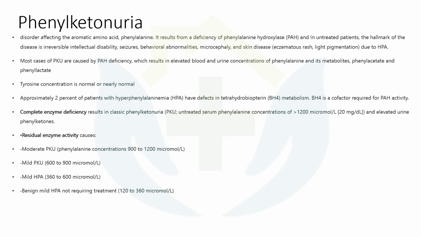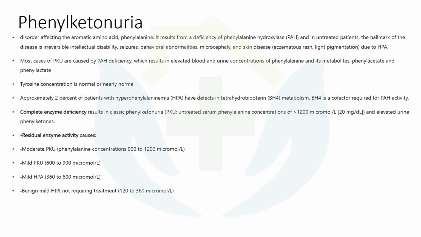Again the metabolites will accumulate in the body, with deposition in different organs, and the effects are mostly neurological symptoms, and also skin problems as well. The major cases of phenylketonuria are caused by this hydroxylase enzyme deficiency.